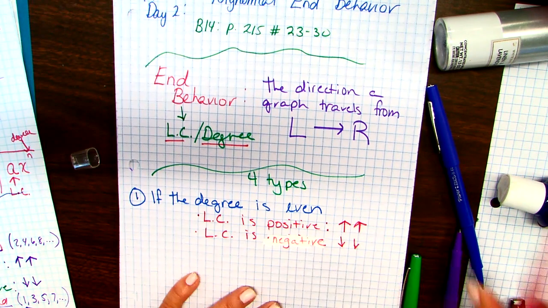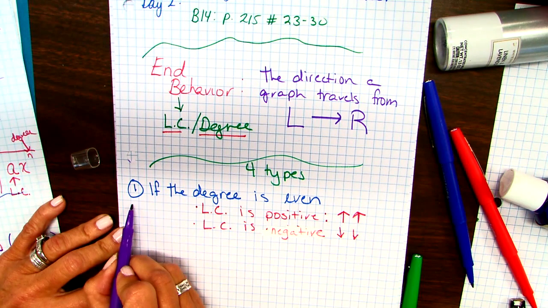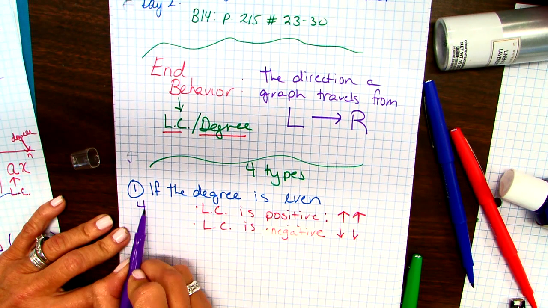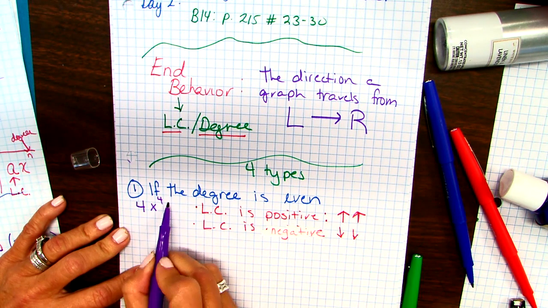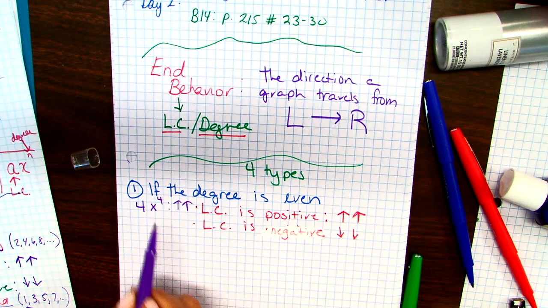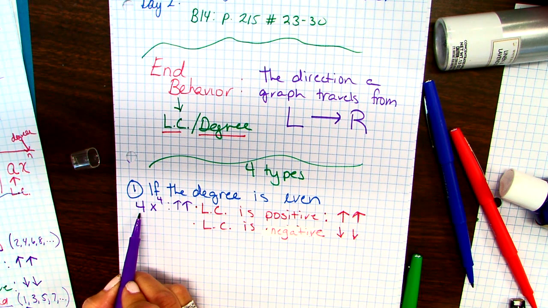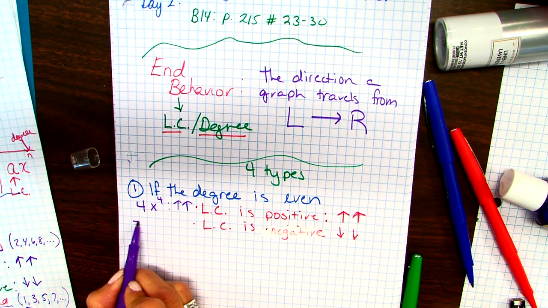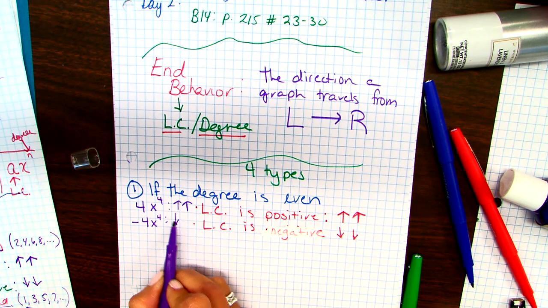So for example, if I had 4x to the 4th power, my end behavior would go up, up. Even number degree, positive leading coefficient. If I just make that 4 negative, it suddenly goes down, down.